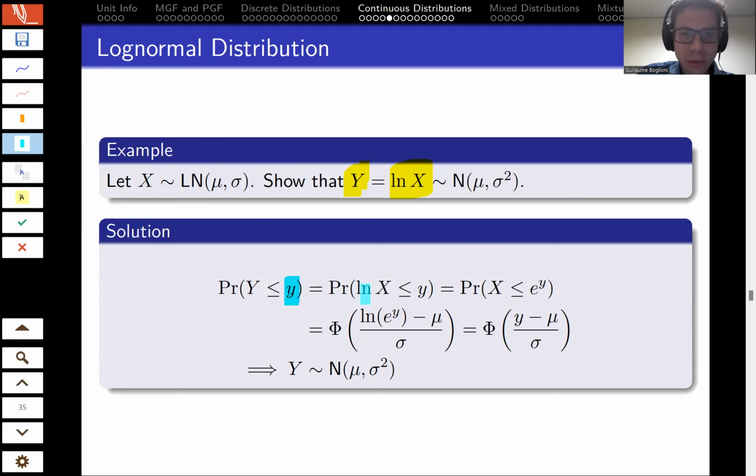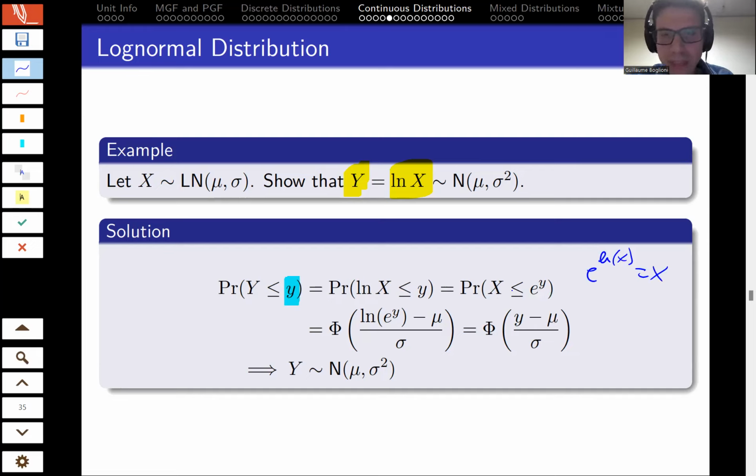You just rewrite y as ln of x. Then you can take e to the power on both sides, e to the ln x on this side and e to the y on this side. You can do that because e to something is an increasing function. Of course e to the ln x is just x.